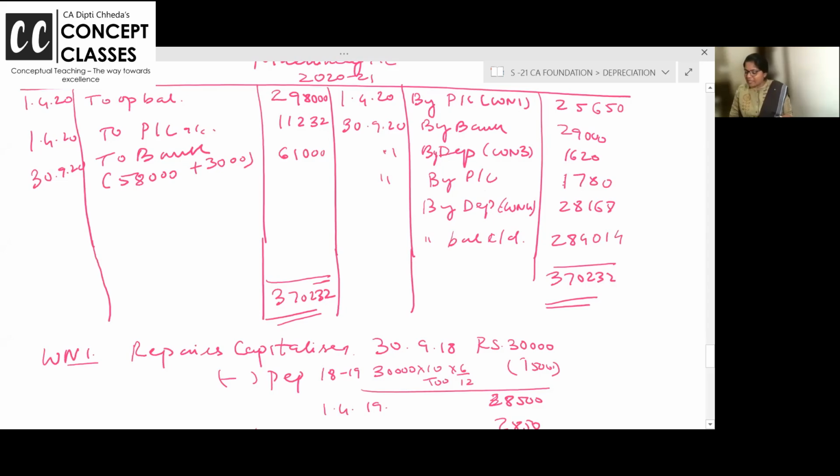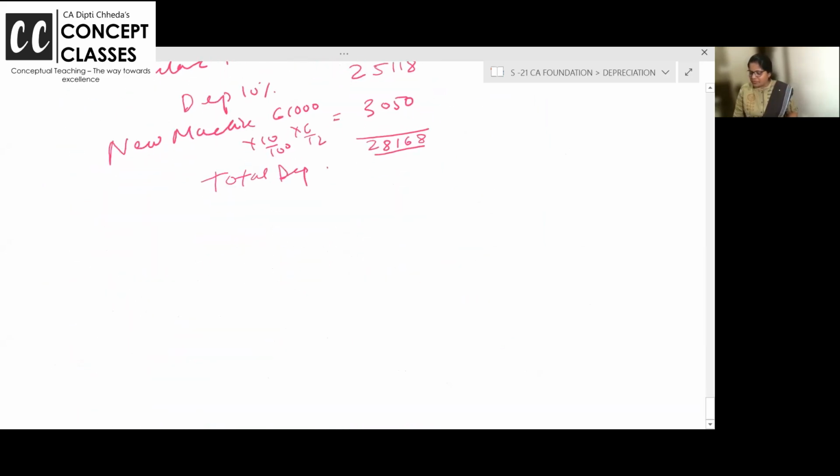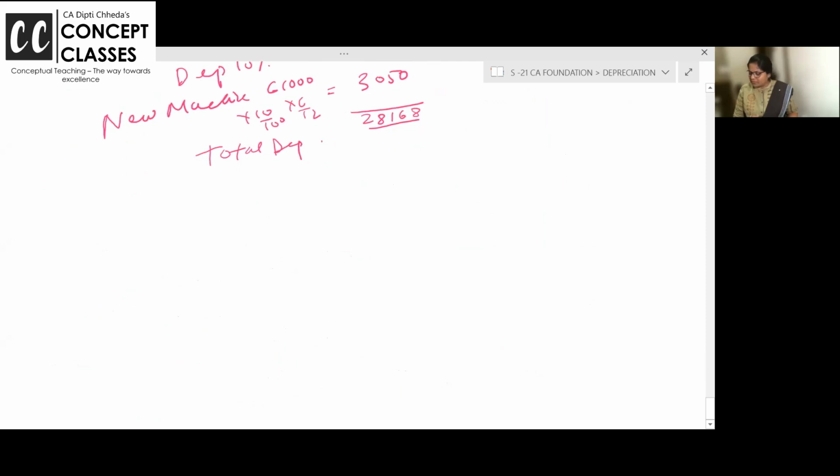Again, if I give homework, again we'll check. Then we'll start with the 3rd method. After SLM, I have taken more technical problems for the WDV. I hope they are very clear to all of you. Problem number 7.